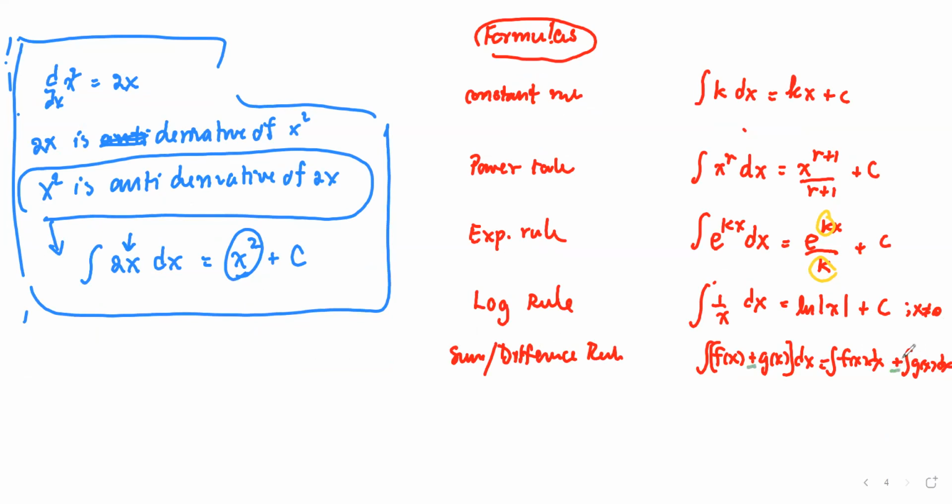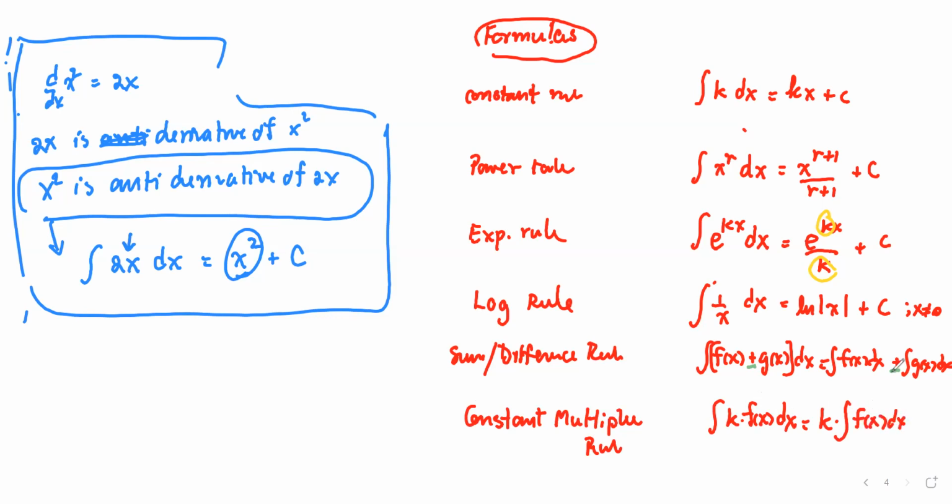You just do the difference for each integration. And then the next one would be the constant multiple. That's similar to the one that we do for the derivative. For the constant multiple, we use the notation k as the coefficient of the function f of x. You can treat k as the coefficient of the integration.